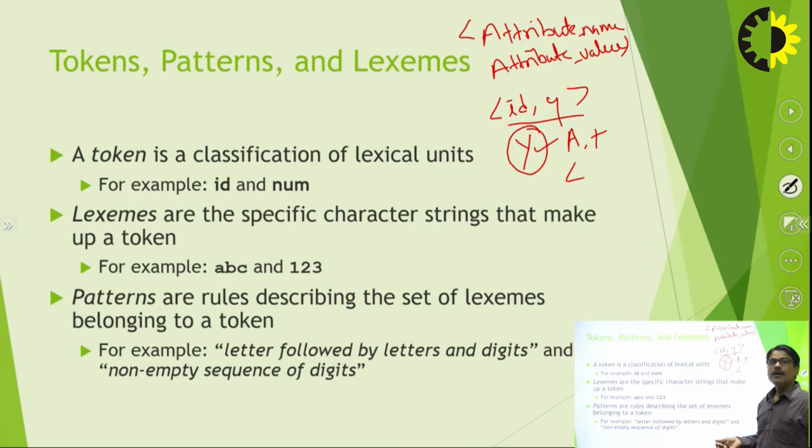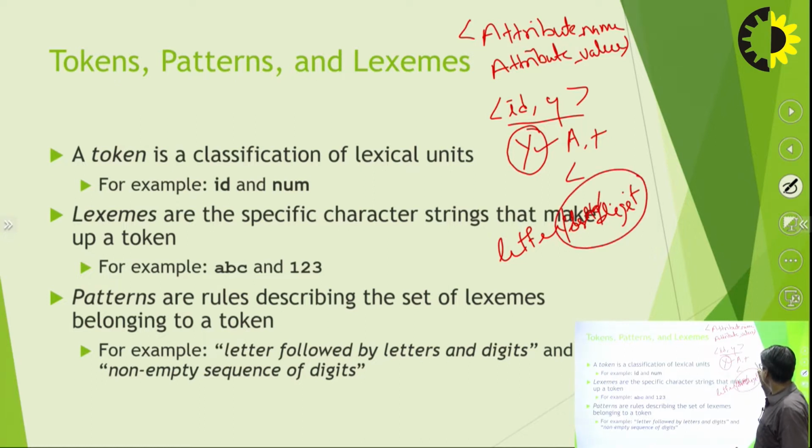And the pattern is the regular expression which is used for deriving any particular string. The pattern for an identifier in C programming is letter or underscore, followed by letter or digit, closure.